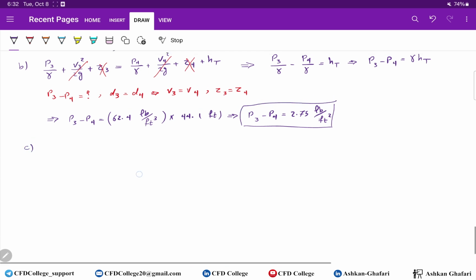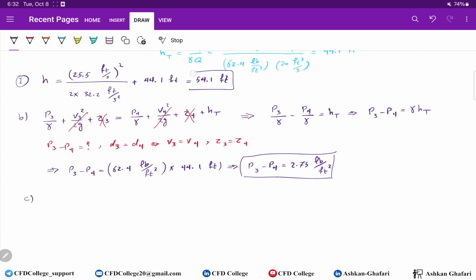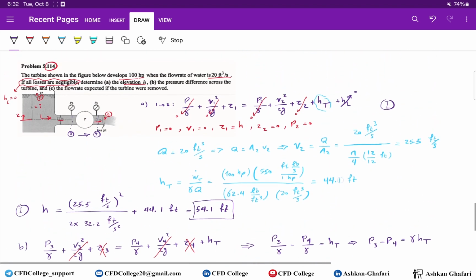And part C. This is part A, this is part B, and now part C. Part C is about the flow rate expected if the turbine were removed. So if there was no turbine, what was the flow rate? In that case, we need our key points again.